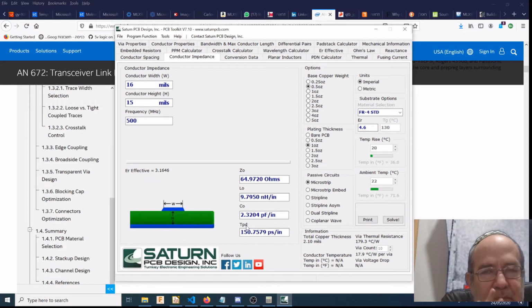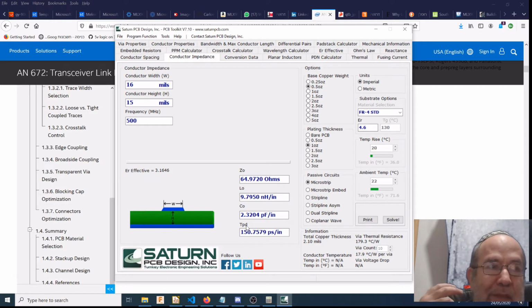TPD is the speed that information travels down copper, which in most low speed applications is not critical.